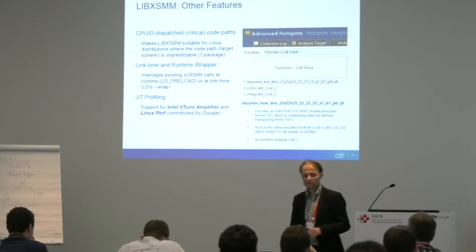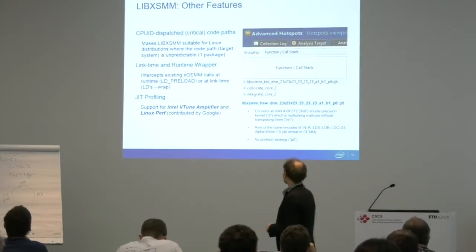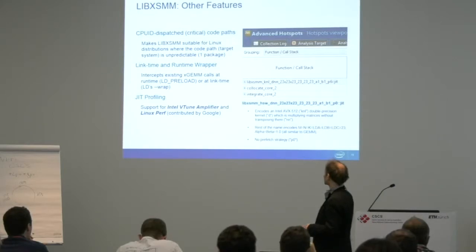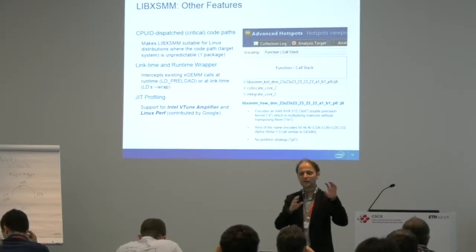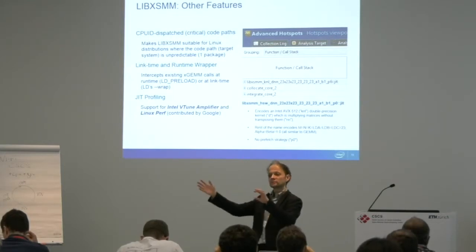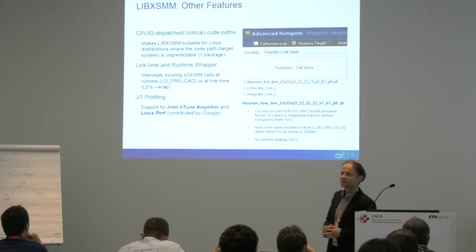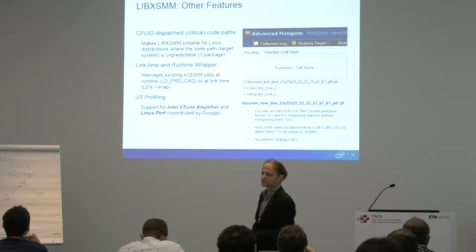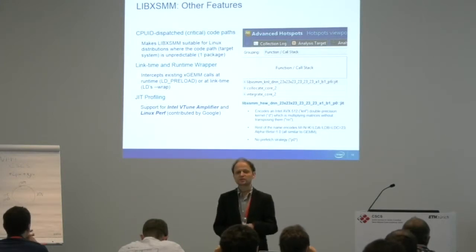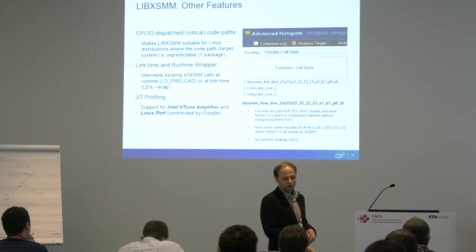Just on the VTune side, on the right-hand side, you can see a snapshot of the GUI. You can see a function called LIBXSMM KNL DNN, and then you see the encoding MNK, LDA, LDB, LDC, and it ends up with alpha 1, beta 1, and then prefetch 6. Of course, you need the table to get an idea what prefetch strategy number 6 is about, but it is not too hard.